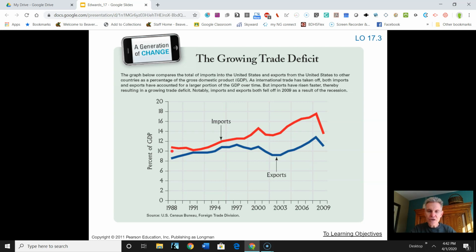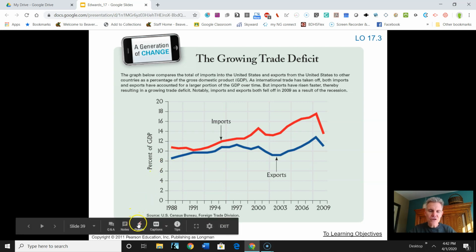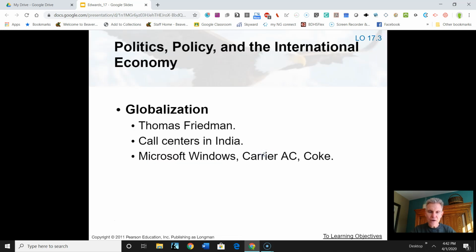Well, it's pretty clear that imports make up a higher percentage of GDP than exports at any time during that period between 1988 and 2009. That's a way that you can practice analyzing those graphs.